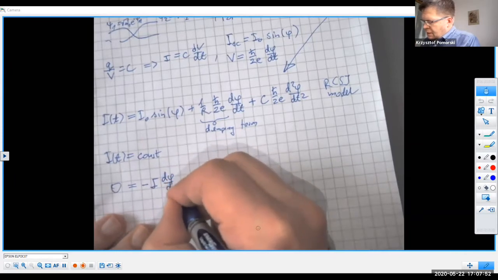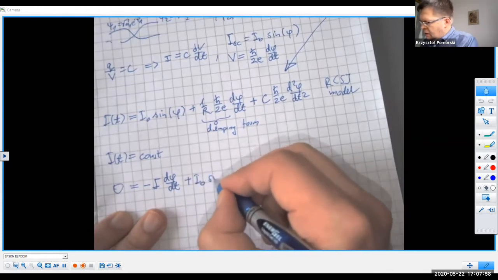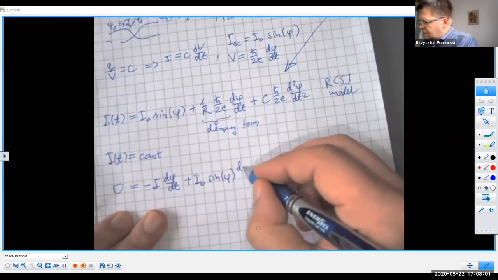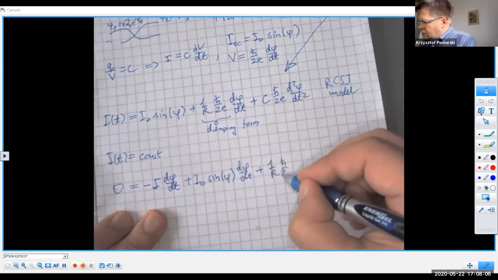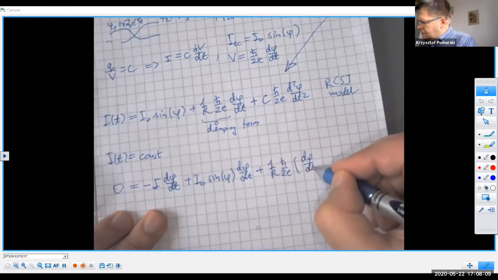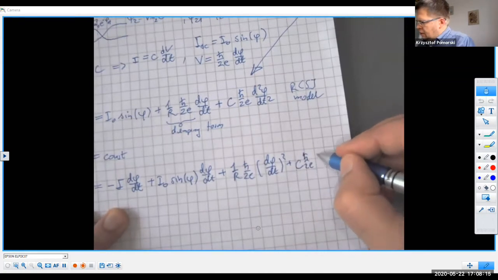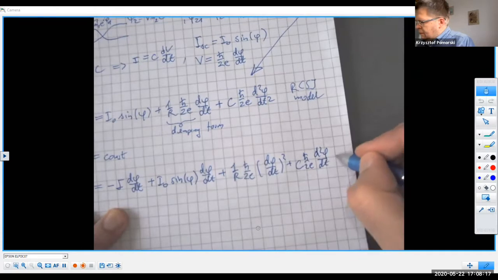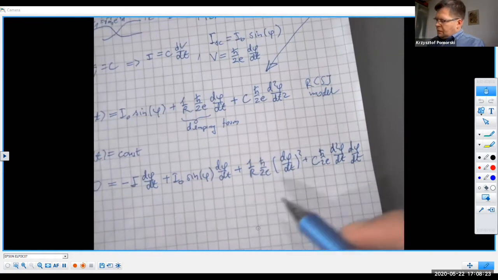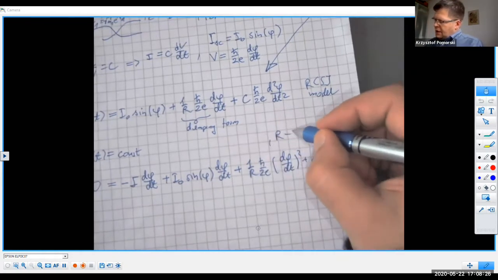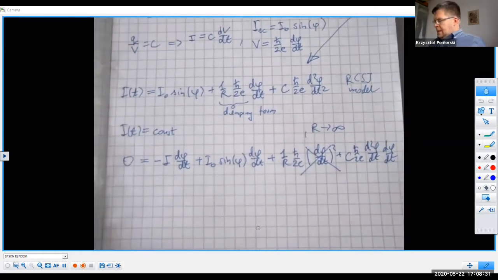I can multiply by such a factor; I will explain its meaning later. Because we have no dissipation, I take the resistance going to infinity, which removes the dissipative term.